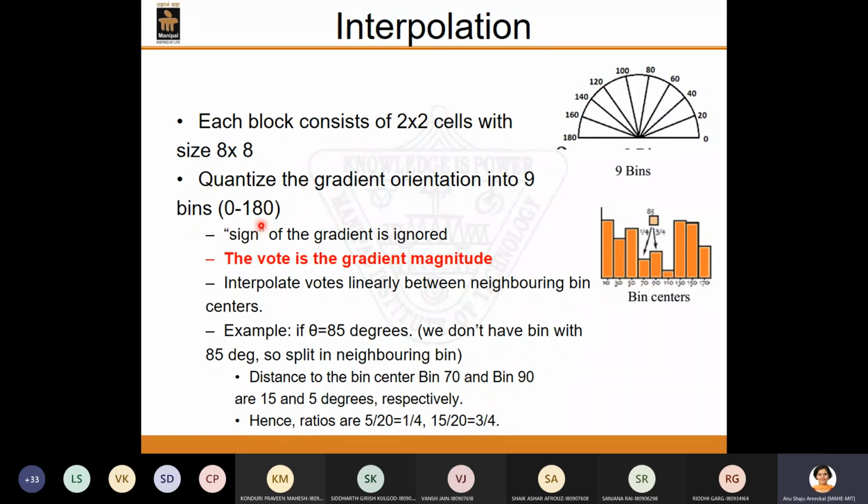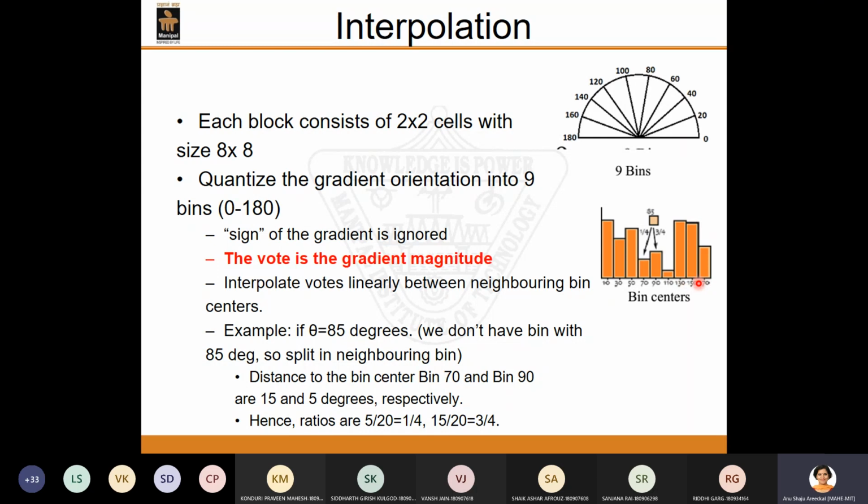to 180. Now, how that is done is, to put it into 9 bins, you take increments of 20 degree orientations. The first bin here would have a value ranging from 0 to 20. The next would be from 20 to 40. Next would be from 40 to 60, and so on.